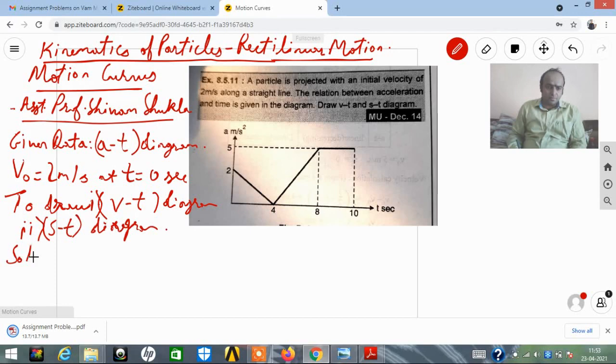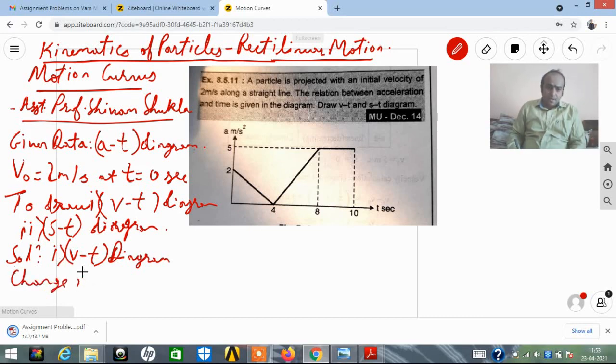Solution. Since the AT curve is given to us, how will we proceed for the Vt curve? So now, first I will be mentioning the Vt diagram in solution. Change in velocity.